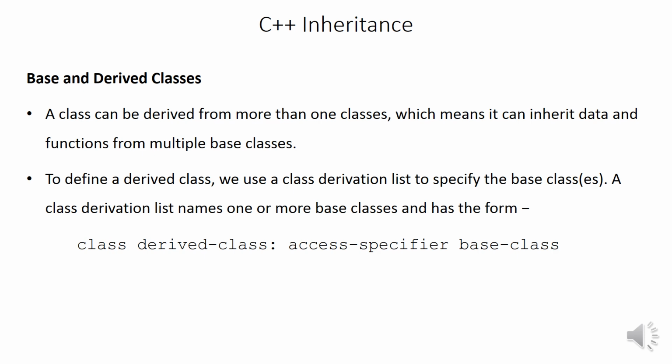To define a derived class, we use a class derivation list to specify the base classes. A class derivation list names one or more base classes and has the form I already explained in that slide. So students, this is a very important syntax.